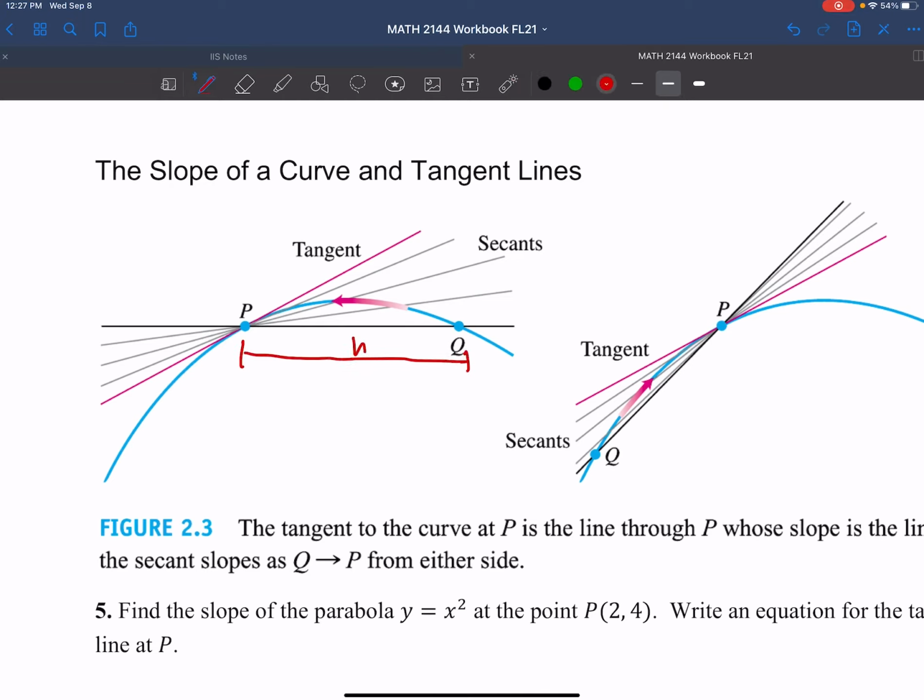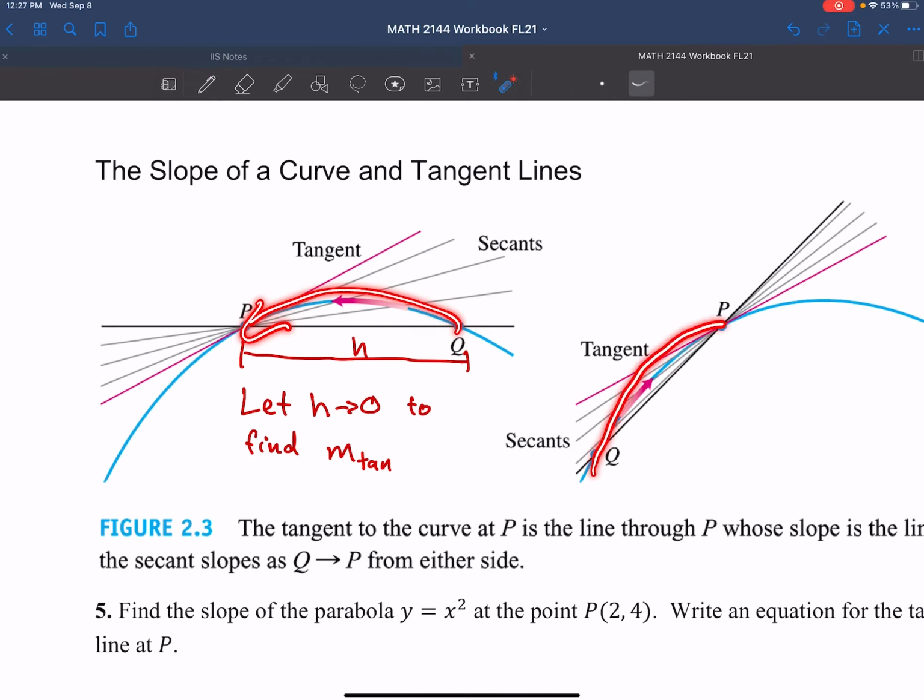This distance right here is h, and all we're doing is letting h go to 0 to find the slope of the tangent, or m sub tan. And notice that you can do that coming from the right-hand side, or from the left-hand side. We'll talk more about left-hand and right-hand limits later in this chapter.